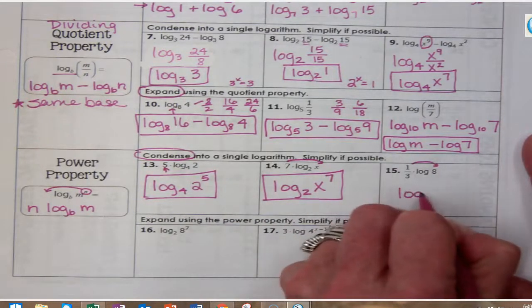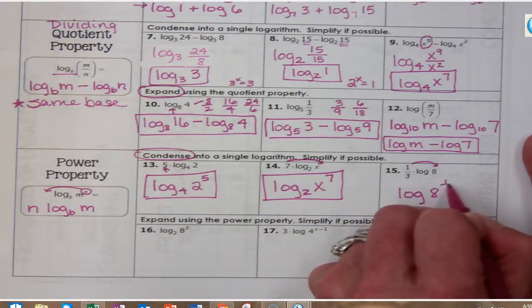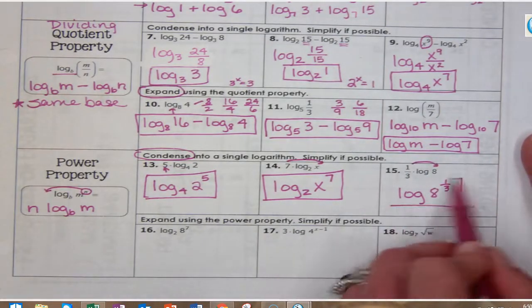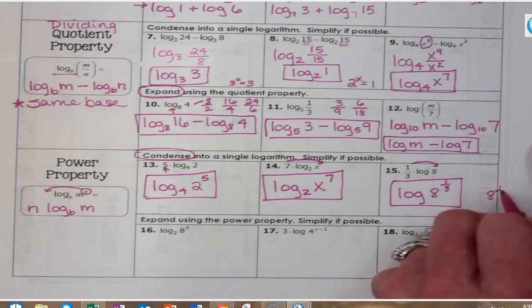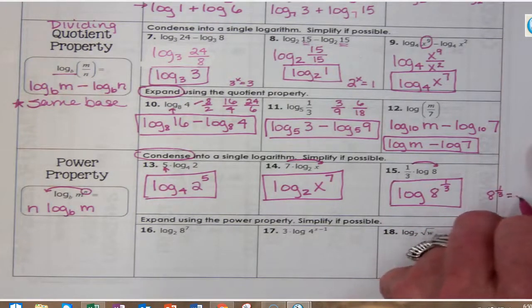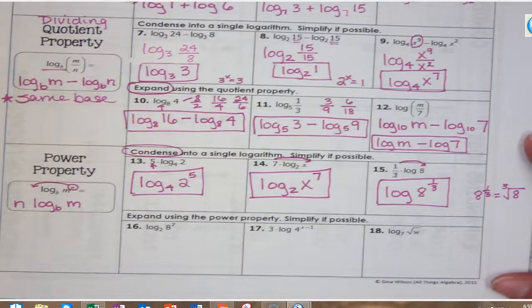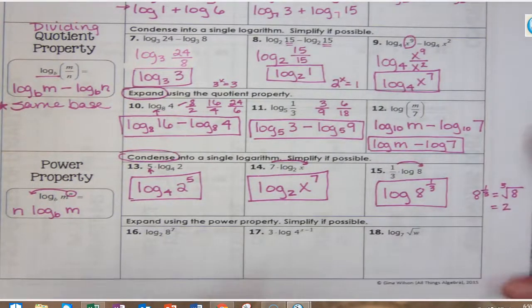So log base 10 of 8 to the 1/3 power. And hopefully you're thinking that 8 to the 1/3 power is the same as the cube root of 8, which hopefully you are in your brain thinking that is 2.